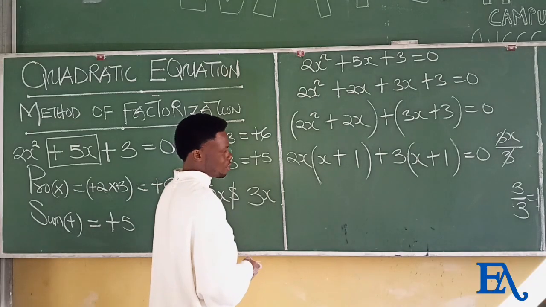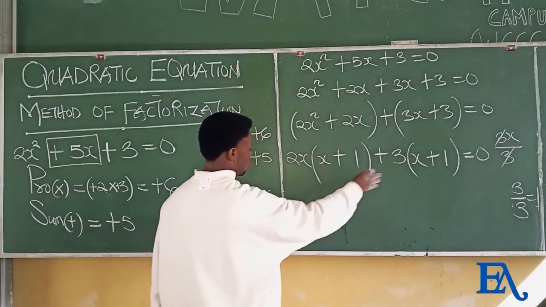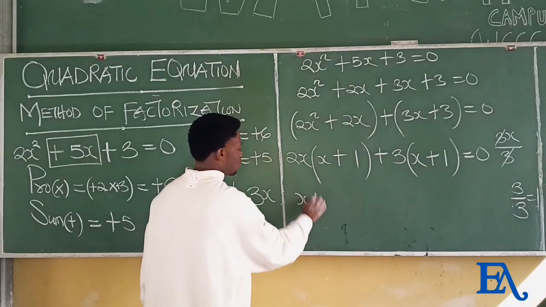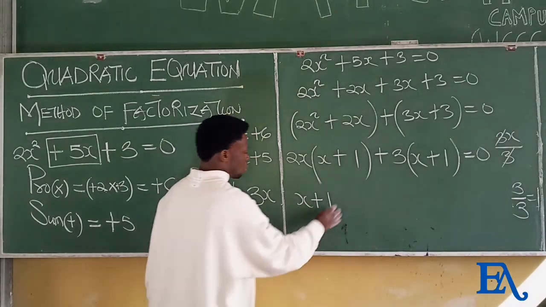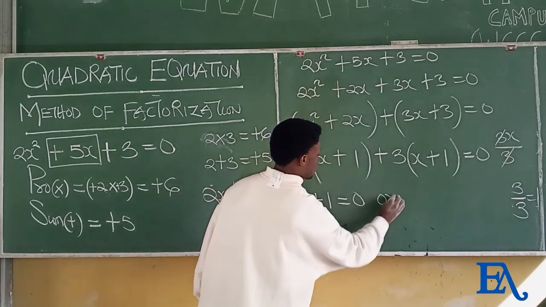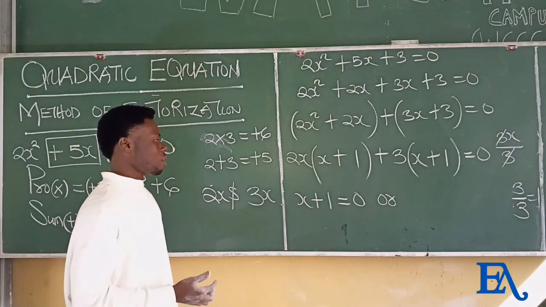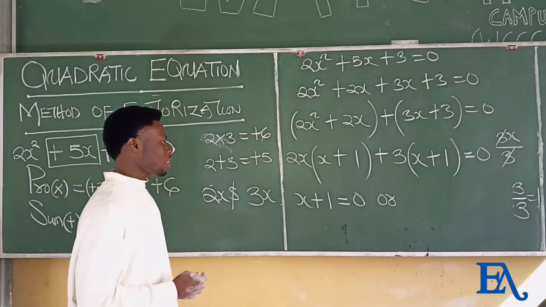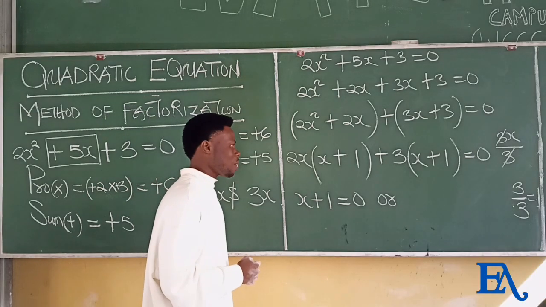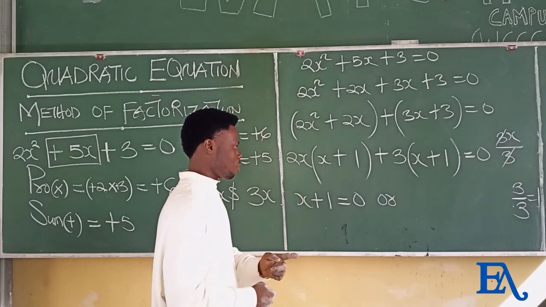Since the brackets are the same, x plus 1 is equal to 0. All the terms that are not written in bracket in step number 3 should also be equated to 0.